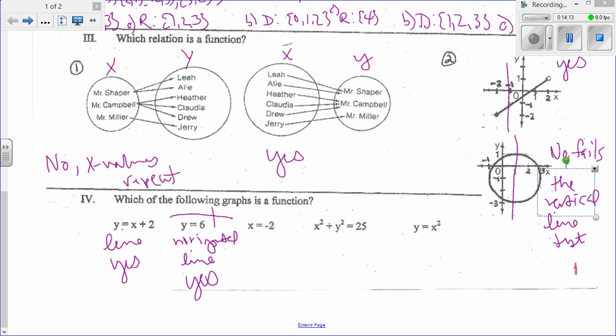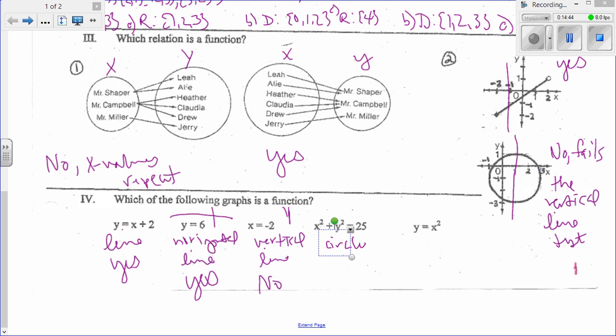X equals -2 is also another kind of line, and it's special. It's a vertical line. And a vertical line looks like this. If I were to draw a vertical line with it, it would fail the vertical line test miserably because it would touch it in every single spot. So vertical lines are not functions. X squared plus y squared equals 25. If you remember from last year, we did geometry.